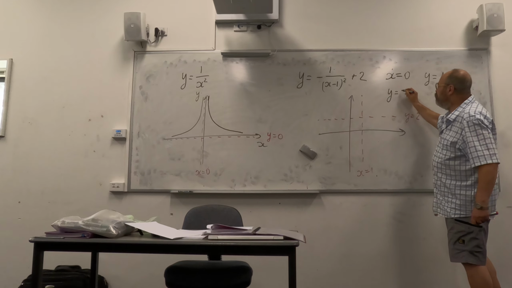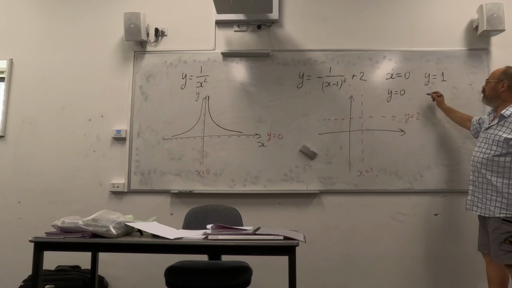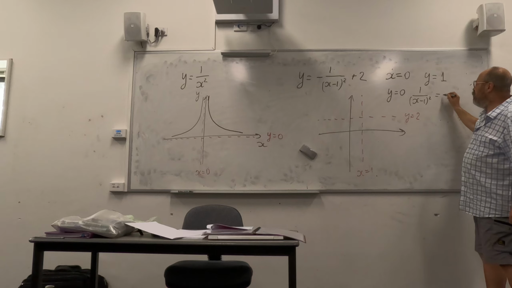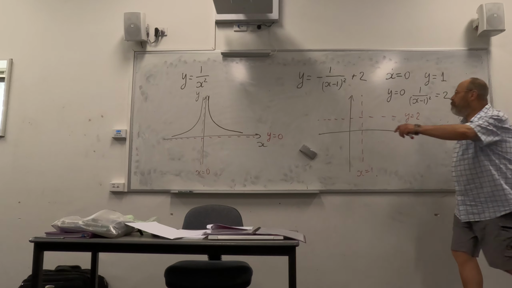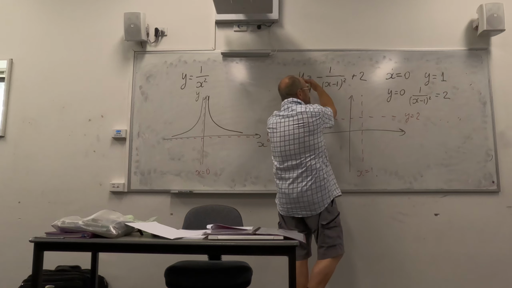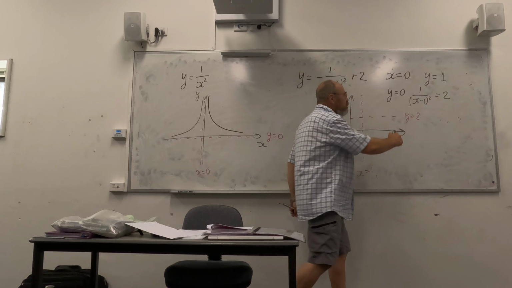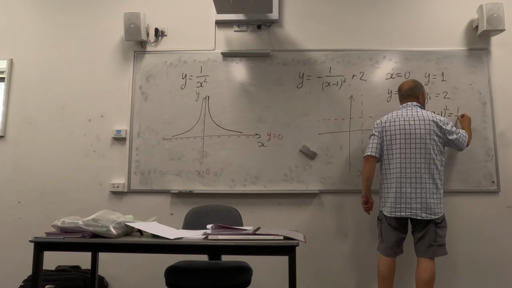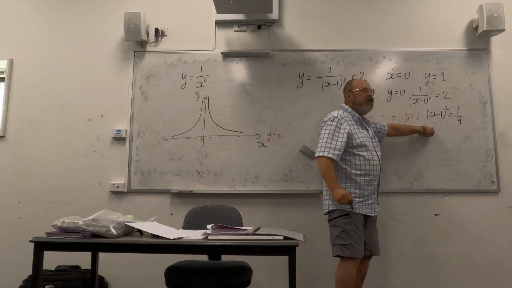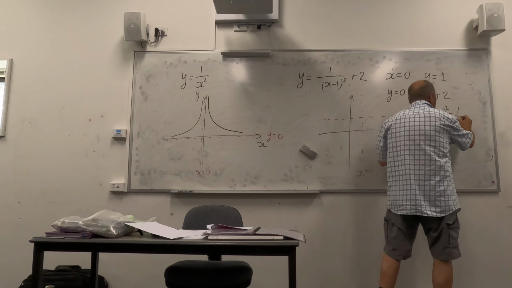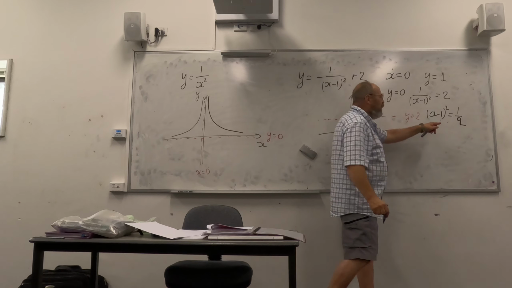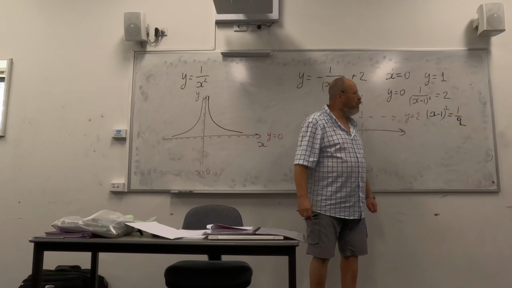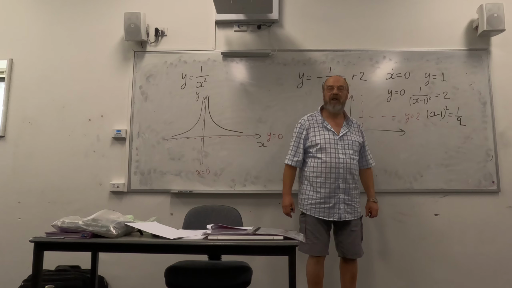When y equals 0, we get 1 on (x minus 1) squared equals 2, so (x minus 1) squared equals 1/2. We need to square root both sides.